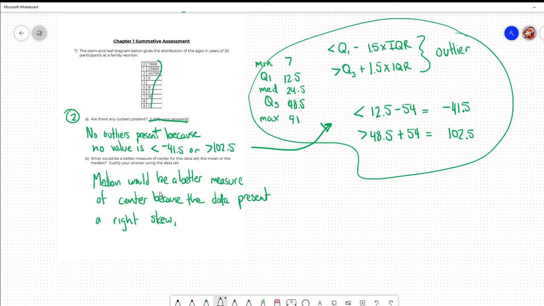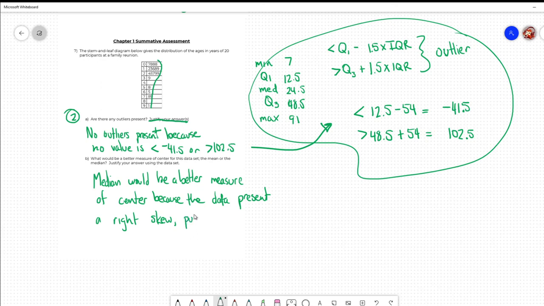Now what? So what? What do I have to worry about with a right skew? Remember, what does the skew do to the mean? It would pull the mean further away from the center and now not be where the center mass is.